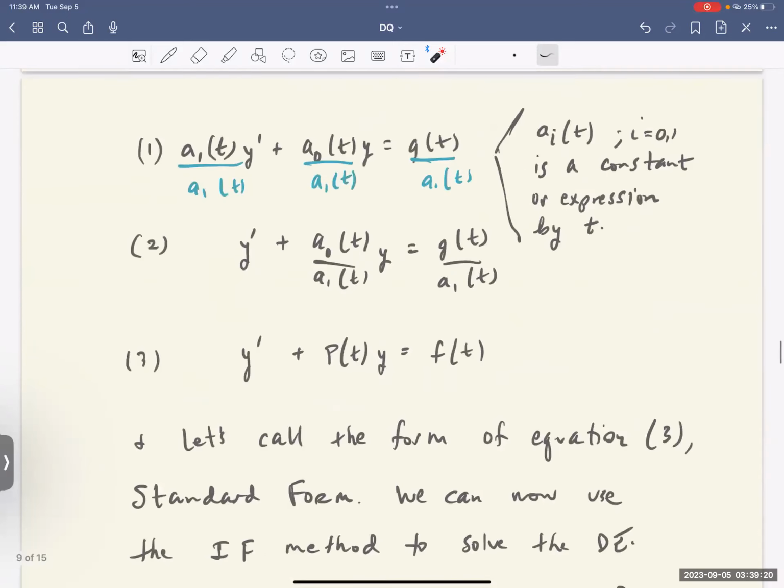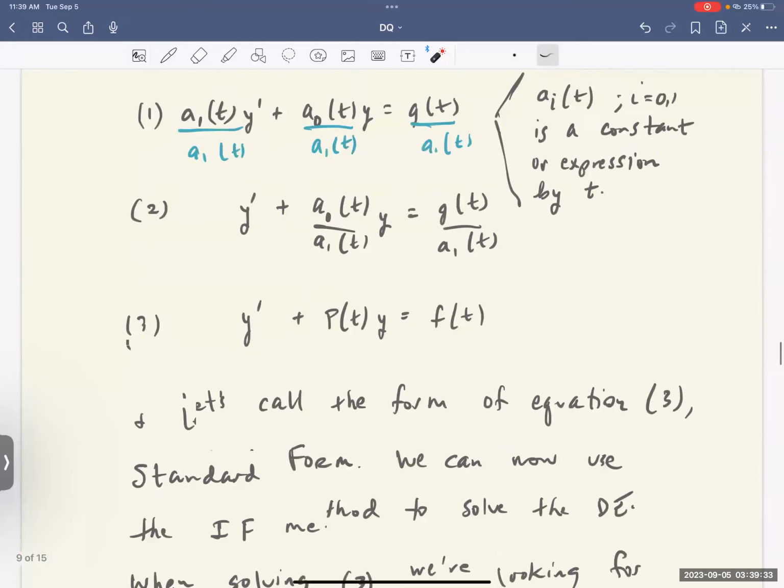So here we take that equation, a1 of t, divide it there. Then we get a 1 y prime. We get this new coefficient there. Let's call them p of t and f of t.